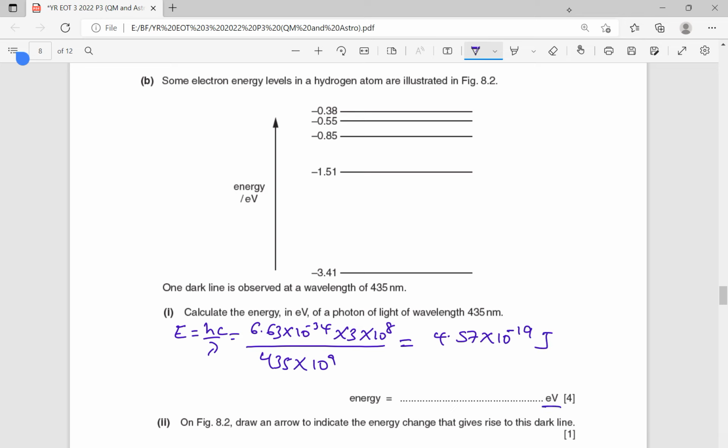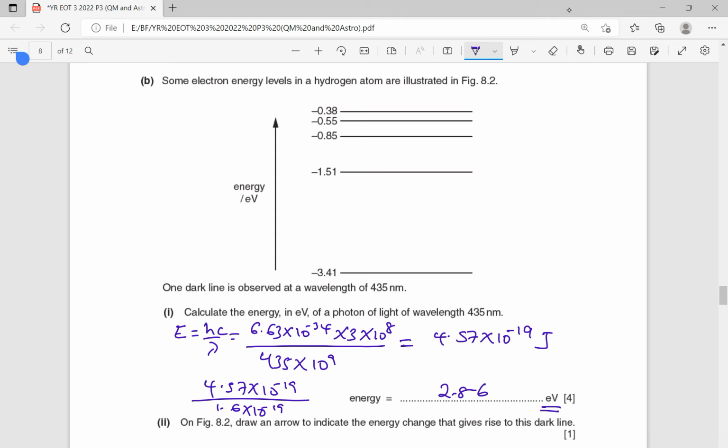The answer is required in electron volts, so I'll convert to electron volts: 4.57 times 10 power negative 19 divided by 1.6 times 10 power negative 19. When you press your calculator, to three significant figures, I have 2.86 electron volts.